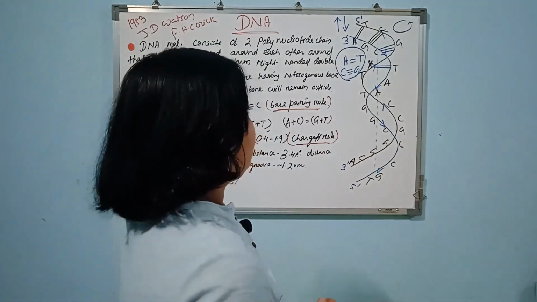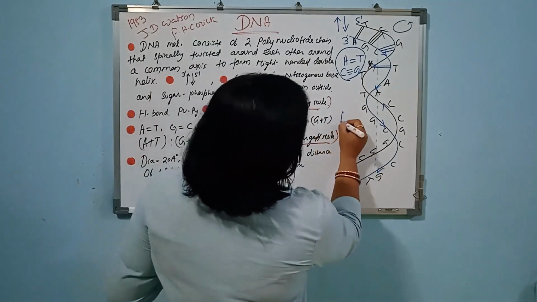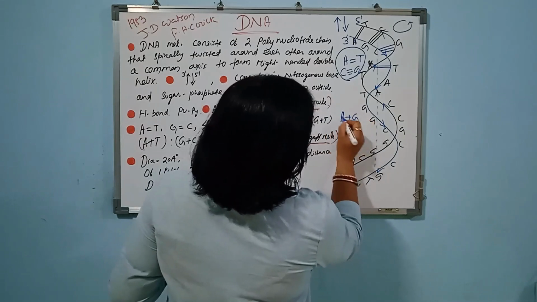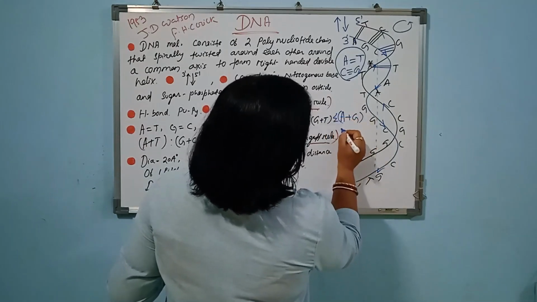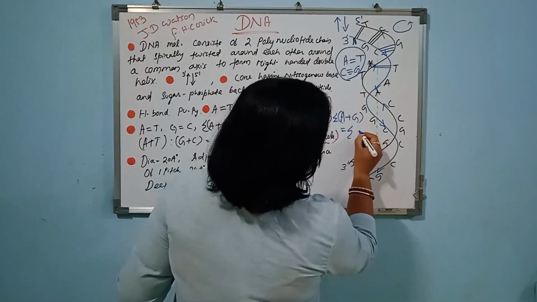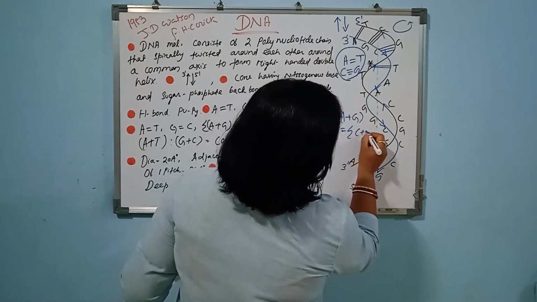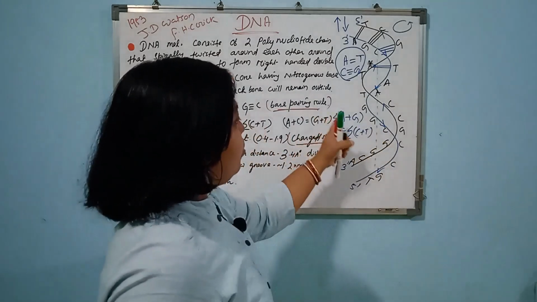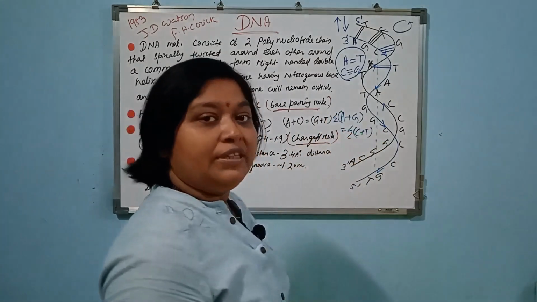And the summation of the purine bases, adenine and guanine, is equal to the summation of the pyrimidine bases. The pyrimidine bases are cytosine and thymine. Both summations are equal to each other.